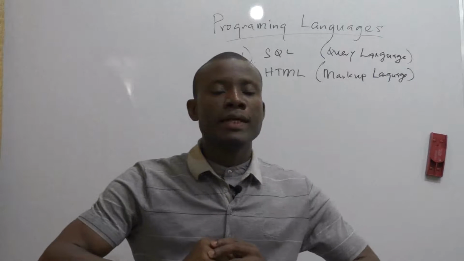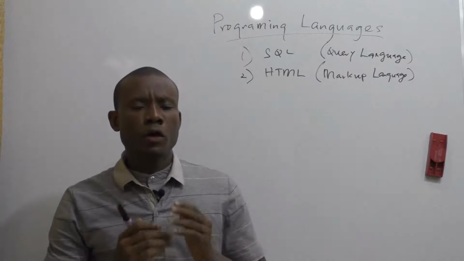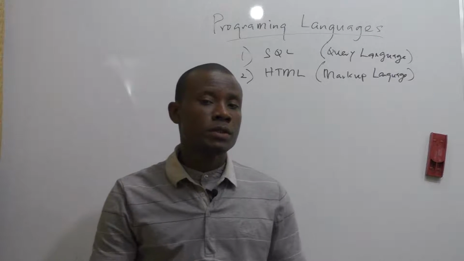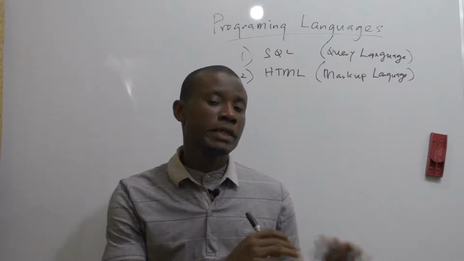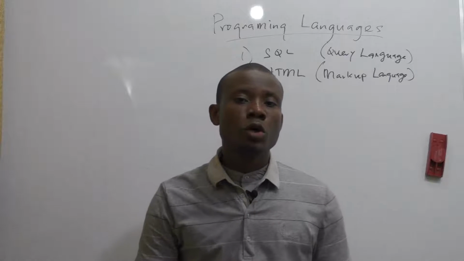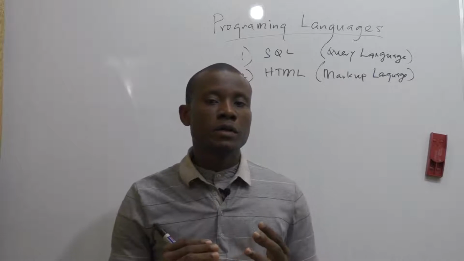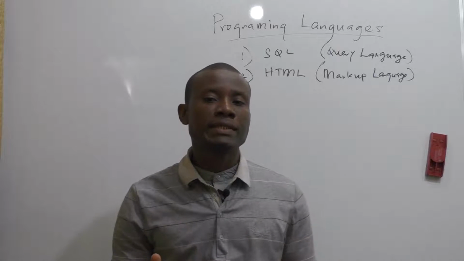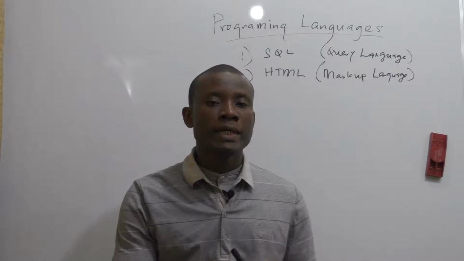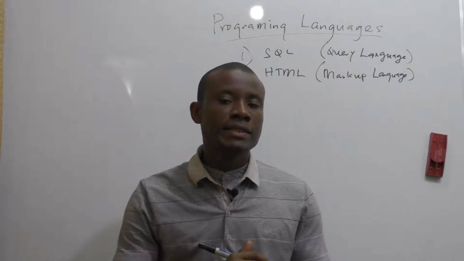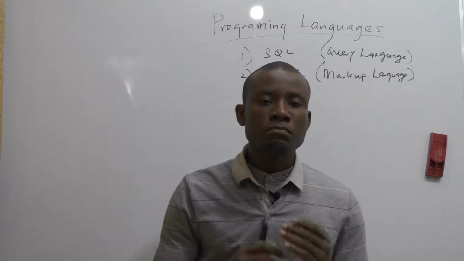So HTML is not a complete programming language, as it were, like Java or C++. It's sometimes called a markup language. What it means is HTML contains markups that are arranged in certain order, and then the system understands it.